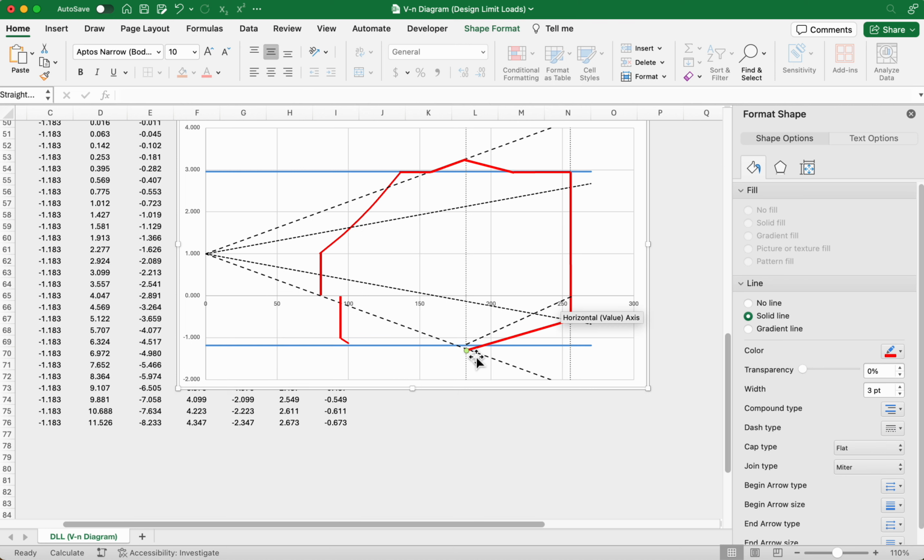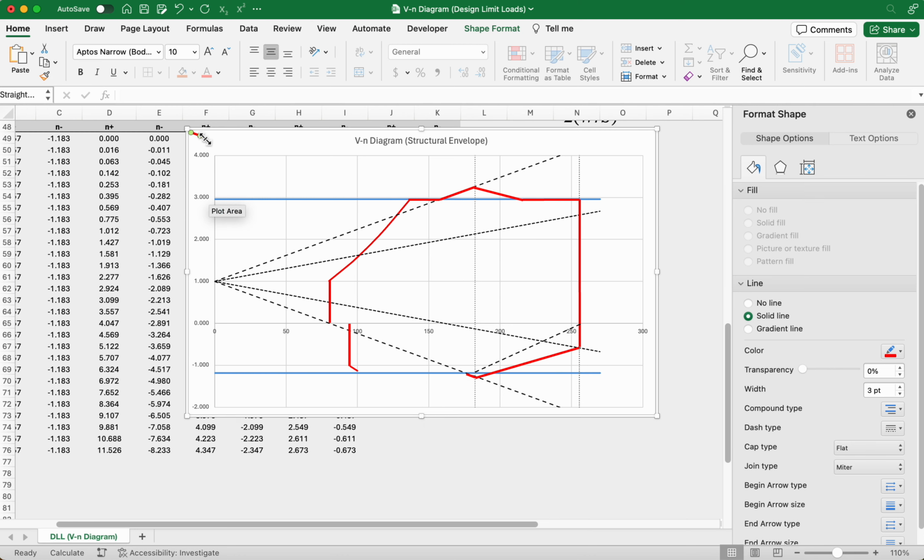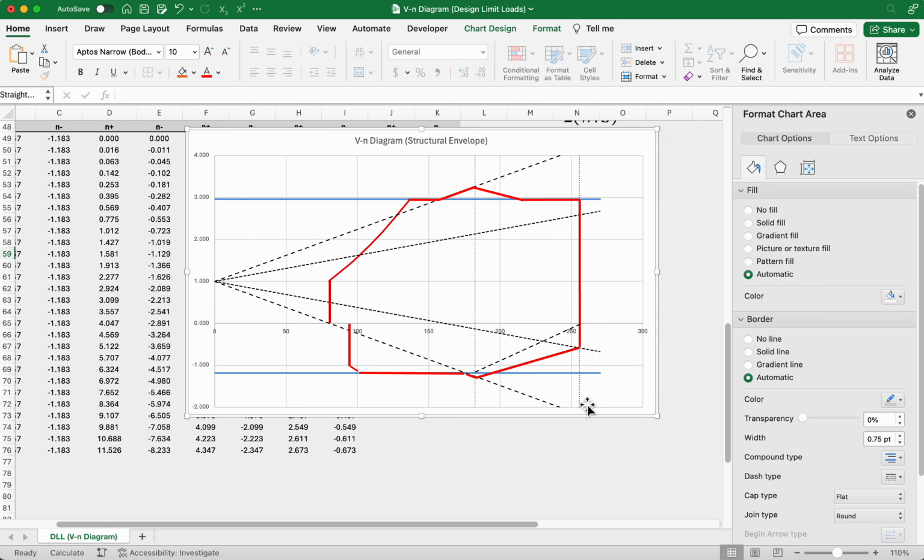So instead we can follow this up to our cruise gust, our negative cruise gust, and then we're following that cruise gust line back down to our negative design limit load, and then we have one segment left, and that's connecting our stall line and the intersection of our gust limit line with our negative design limit load. So for this aircraft, we end up with a structural envelope that looks something like this.